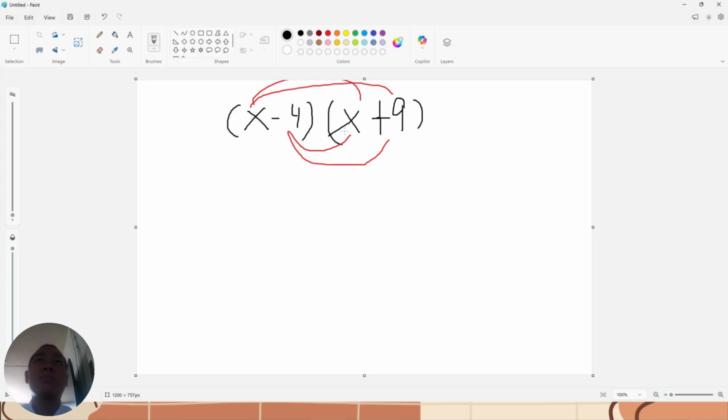First multiply x with x, which is x squared, then multiply x with 9, which is 9x. Now you multiply negative 4 by x, which leaves you with negative 4x, and then you multiply negative 4 times 9, which is 39. This is your final answer.